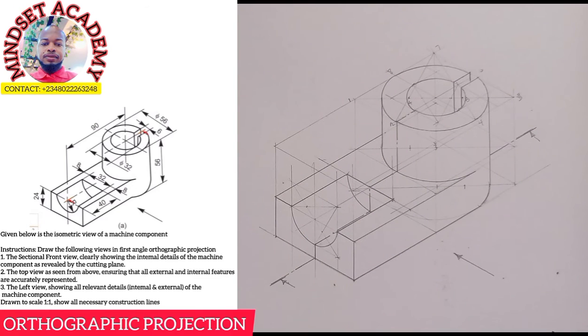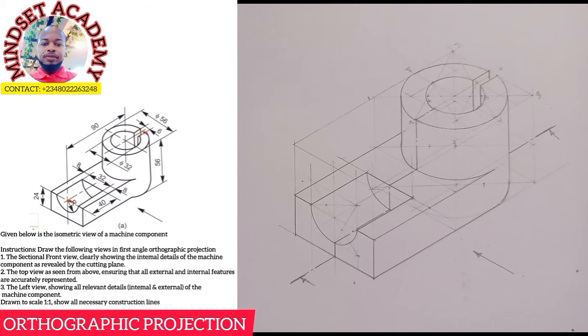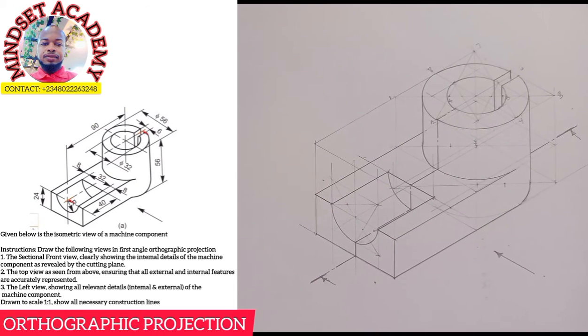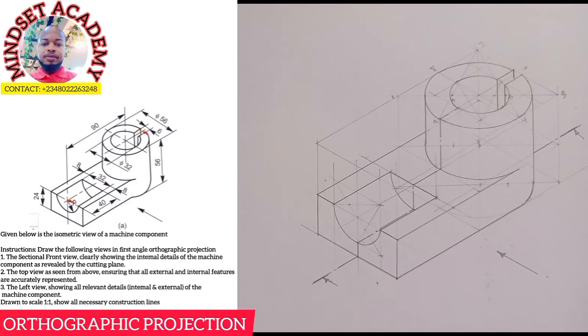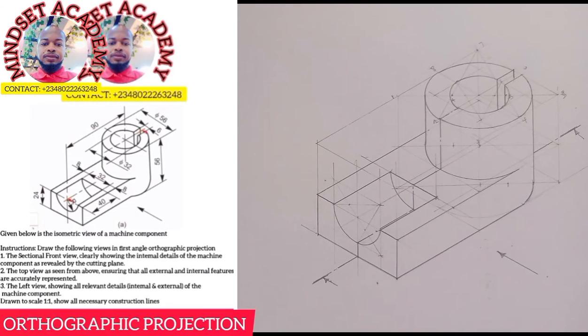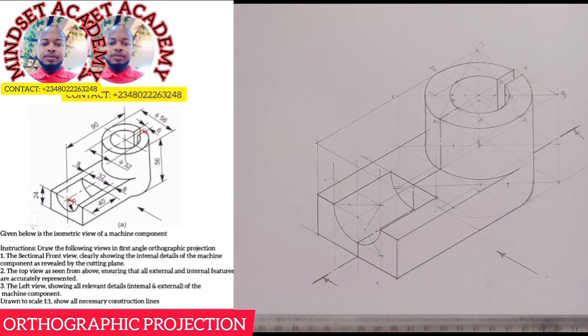But first of all, I would love to draw it in orthographic projection to have a clearer view of what we are about to do. Alright, so let's get started. The first thing you do is draw your orthographic axis. Just place it this way.